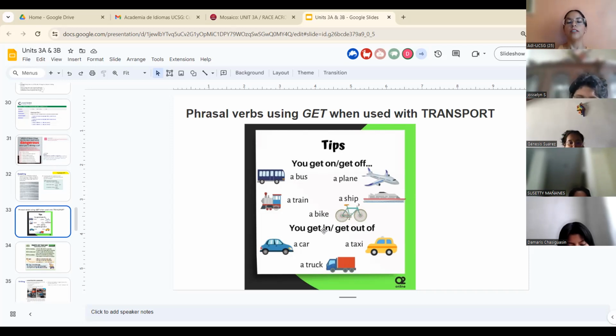Okay? Those are the big differences. Get on with large vehicles and get in with small vehicles. The opposite of get on, get off. The opposite of get in, get out of. Okay?